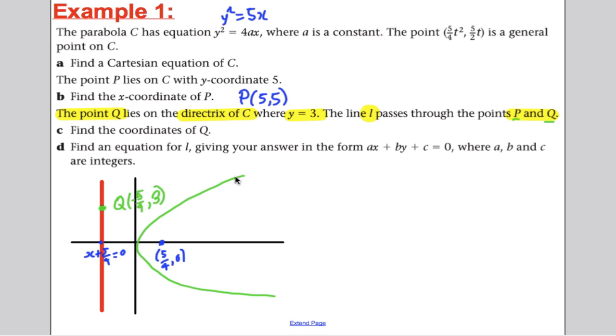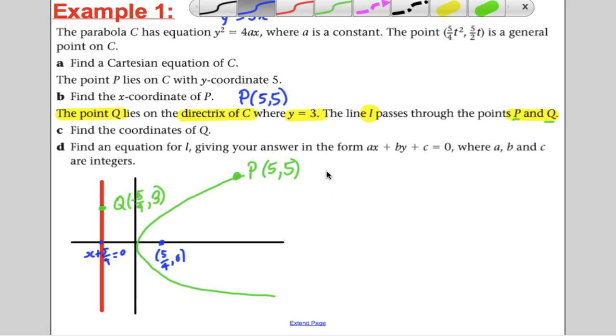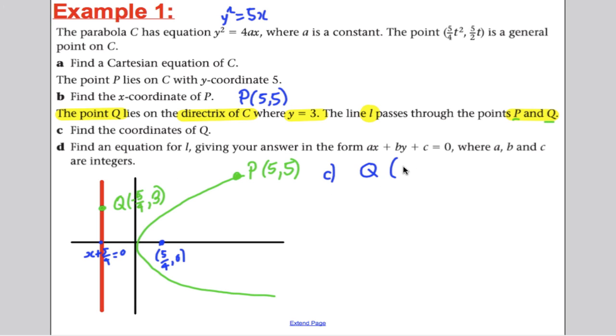So (5, 5), let's say, is somewhere here. So the line passes through P and Q, find the coordinates of Q. Well, I've already found the coordinates of Q easily. The coordinates of Q for part C are simply (negative 5 over 4, 3). That was the easy part.